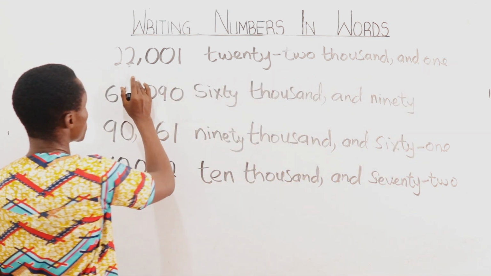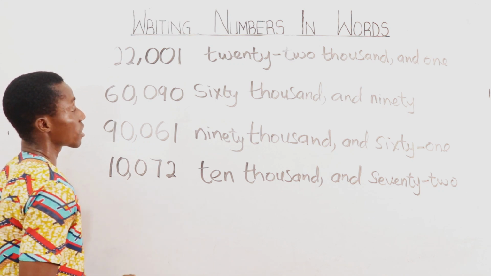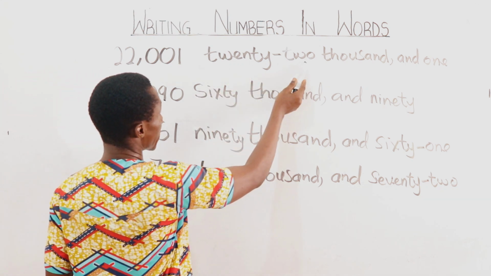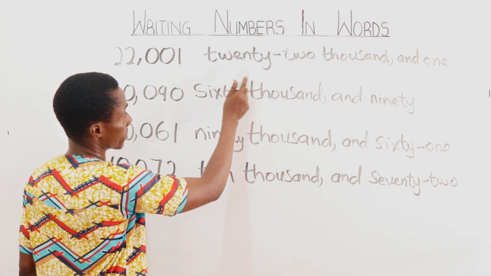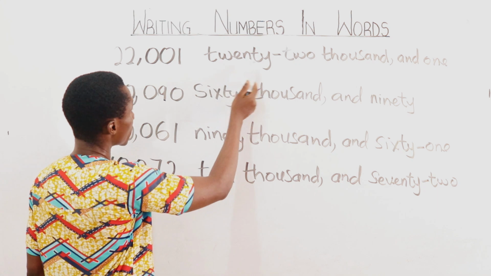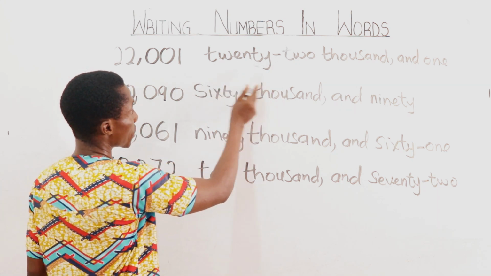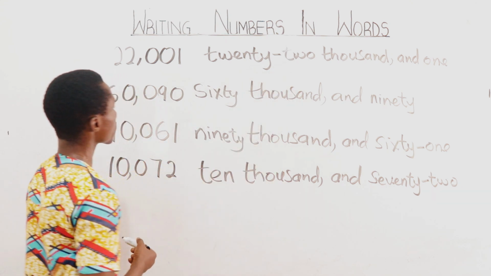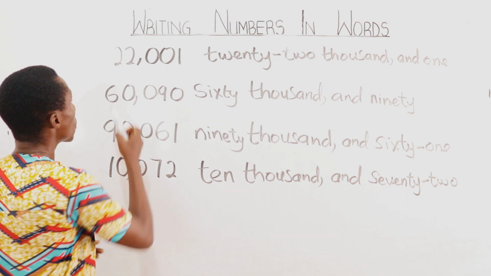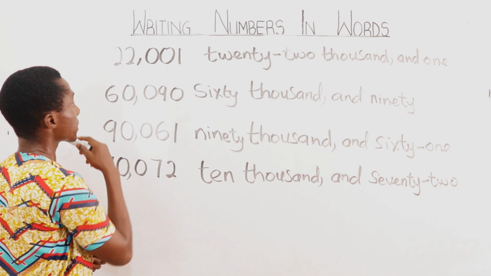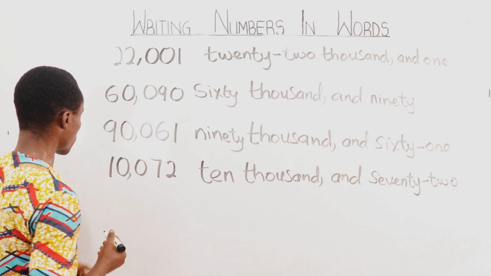Now, this 22 is a compound number. Therefore, when we are writing it, we write it as what it is, a compound number, with a hyphen between the 20 and 2.